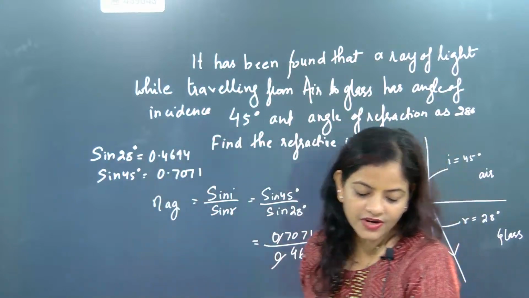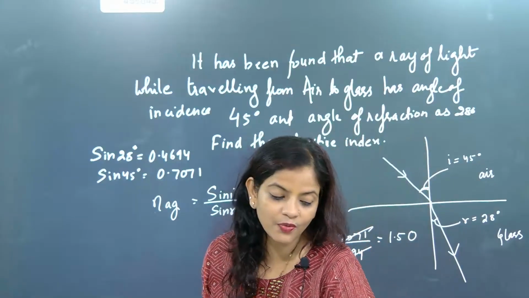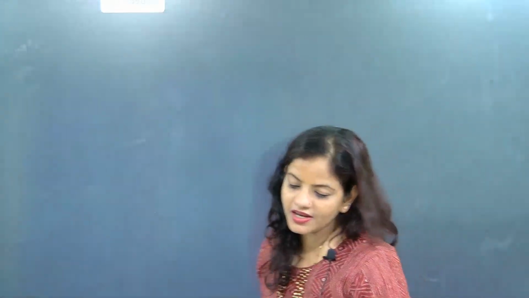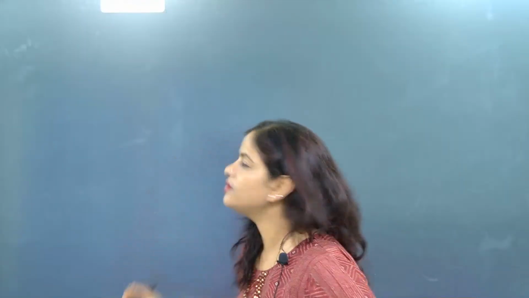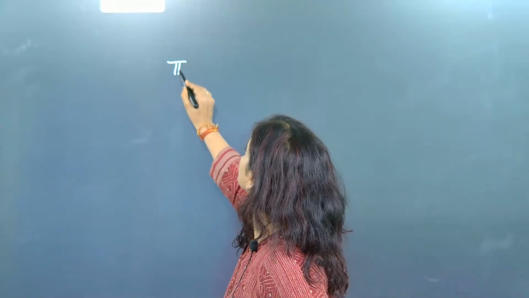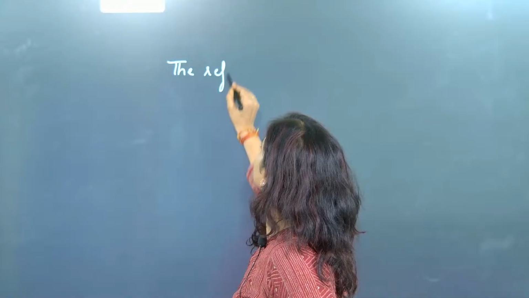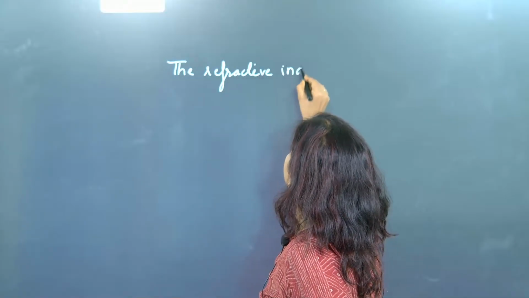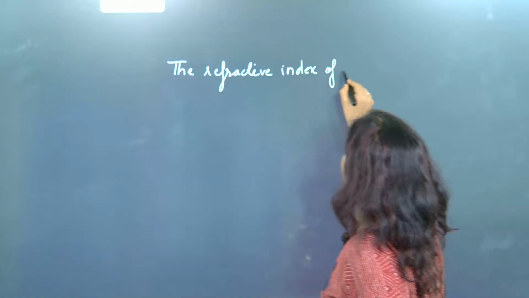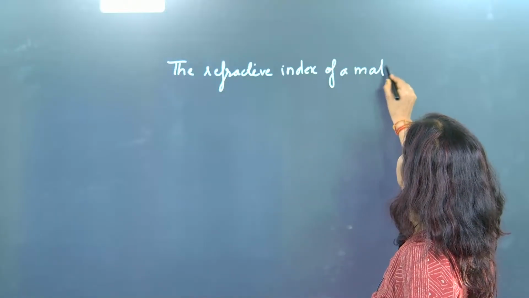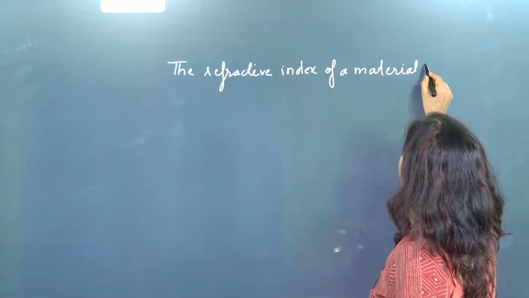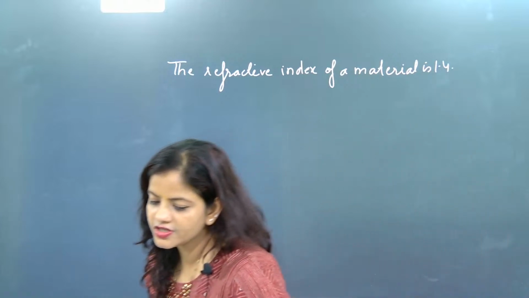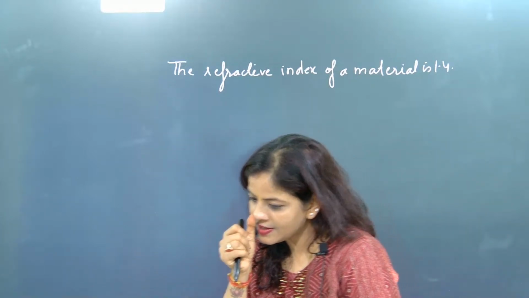The refractive index of a material is 1.4. Okay, beta.